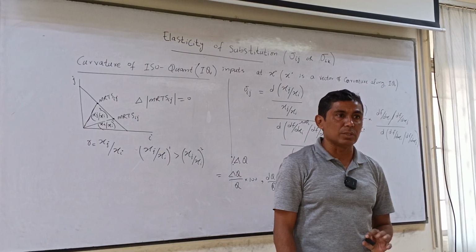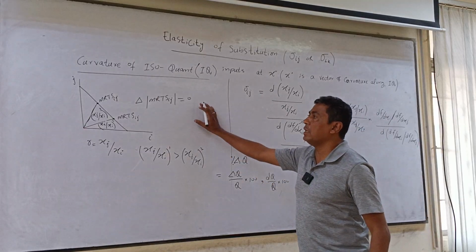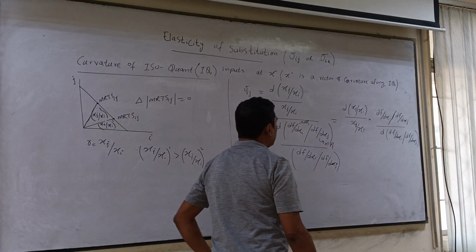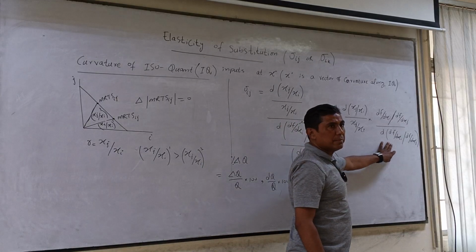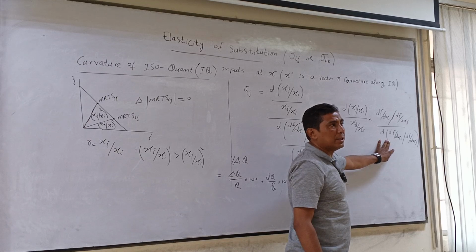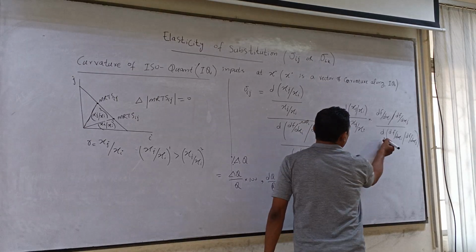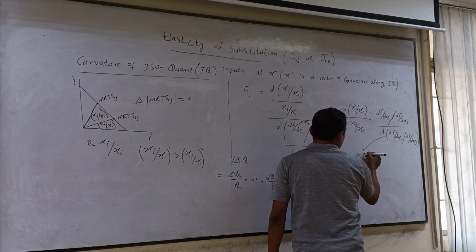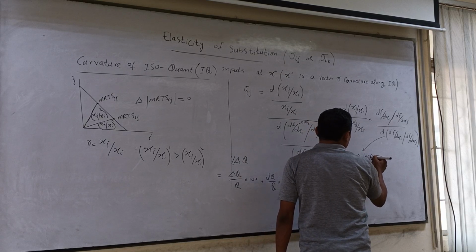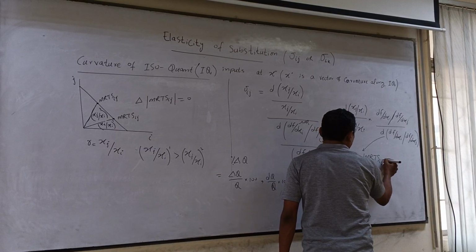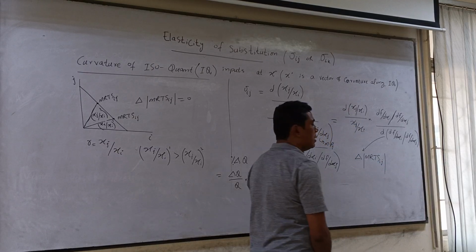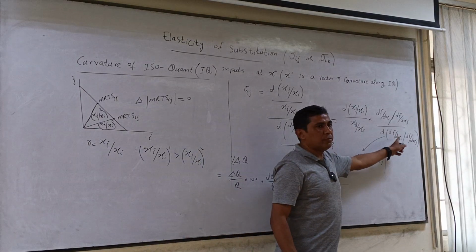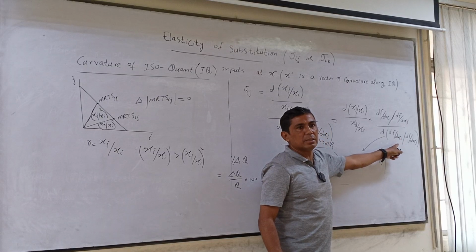Ab now what happened? The MRTS is constant. So ultimately, in case of MRTS is constant, the change in MRTS is here. This is the change in MRTS. Now this value is represent the change in MRTSIJ. Am I right? Derivative yani change in MRTS.